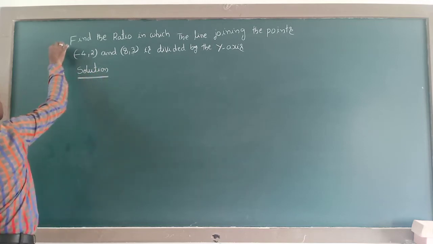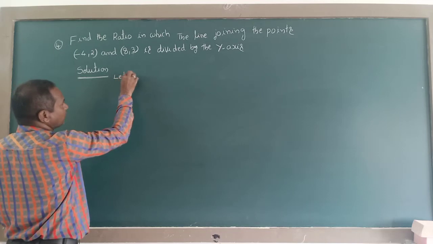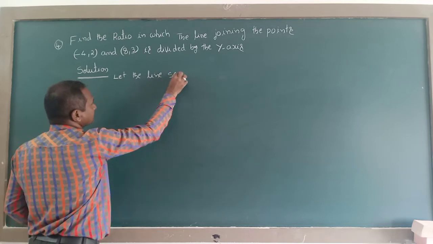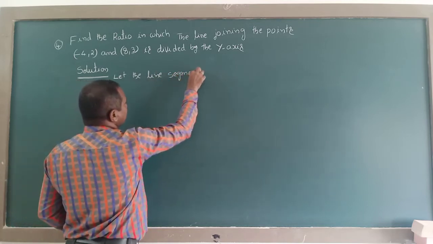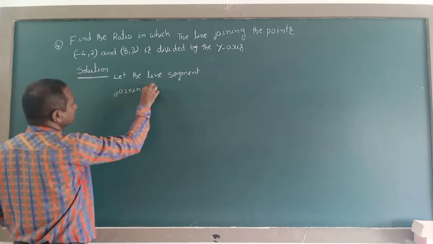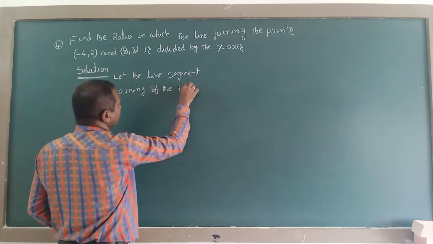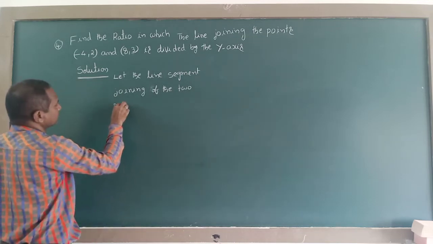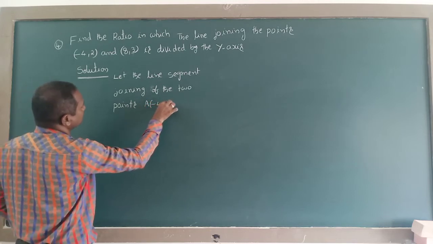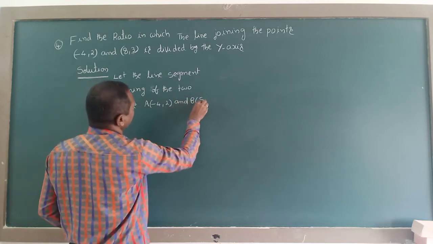This is the fourth question. Let the line segment joining the 2 points be capital A minus 4 comma 2 and capital B 8 comma 3.